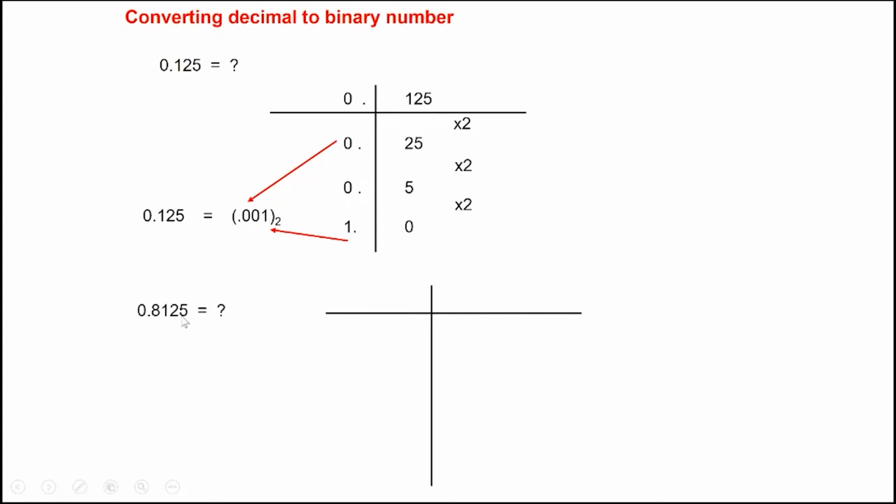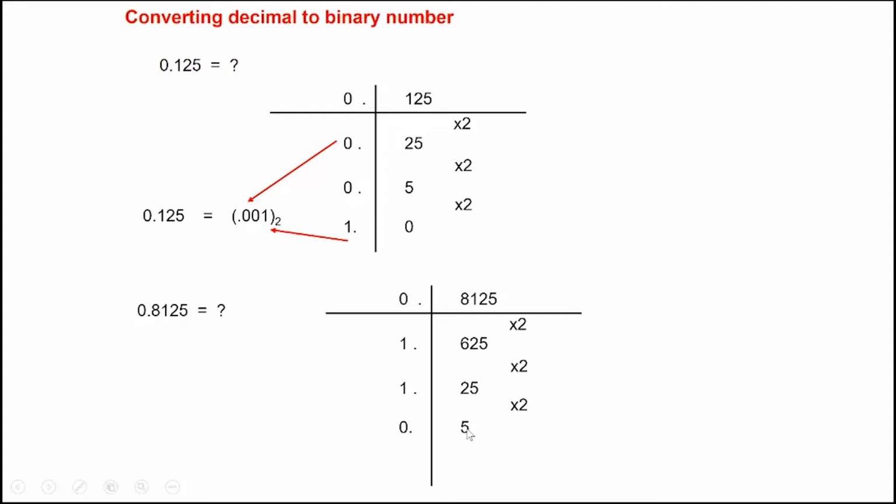Okay, what about 0.8125? Let's do this again. After the dot it is 8125, let's multiply by 2. So we get 1.625. Let's multiply by 2, this fractional part only. We get 1.25 here, let's multiply by 2 again.